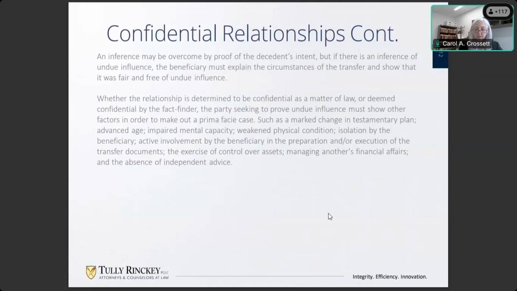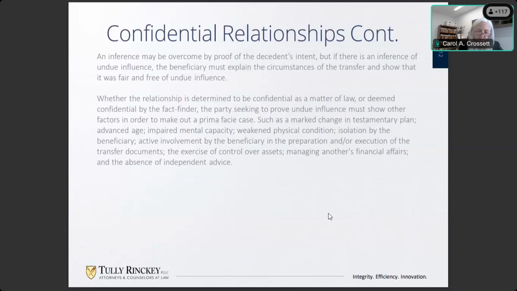The beneficiary is shown to be involved with a lot of things: the preparation and execution of the transfer documents, maybe selecting the attorney draftsman, meetings with the decedent and the attorney draftsman for the estate planning and so forth. But the beneficiary must have been shown to overwhelm and to have manipulated the decedent, overcoming his or her volition to advance the interests of the beneficiary.